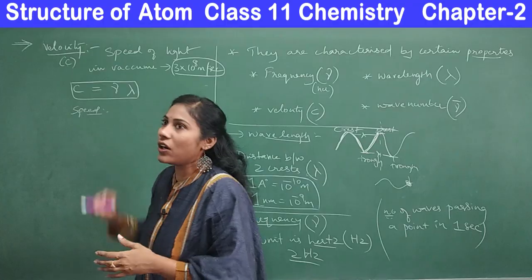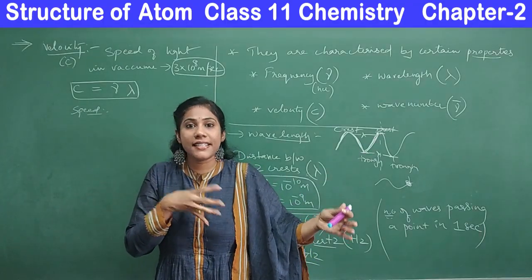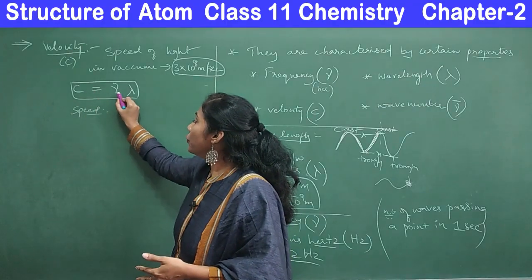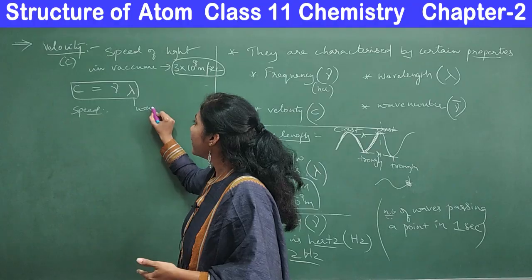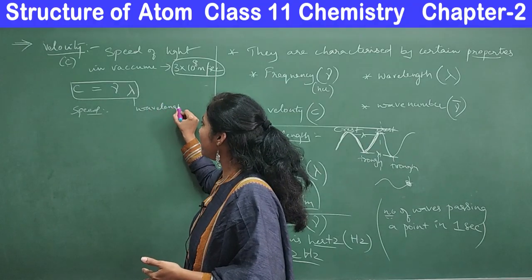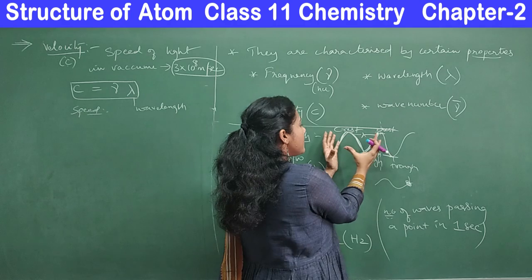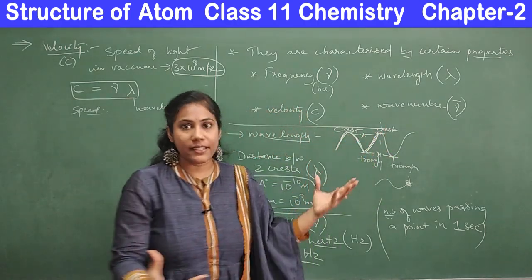Speed is nothing but something that traveled a particular distance in some time, right? I wrote c is equal to nu lambda. So what is lambda here? This is wavelength. It's nothing but a particular distance. Wavelength is some part of a wave, right? I can say it's like a distance, right?